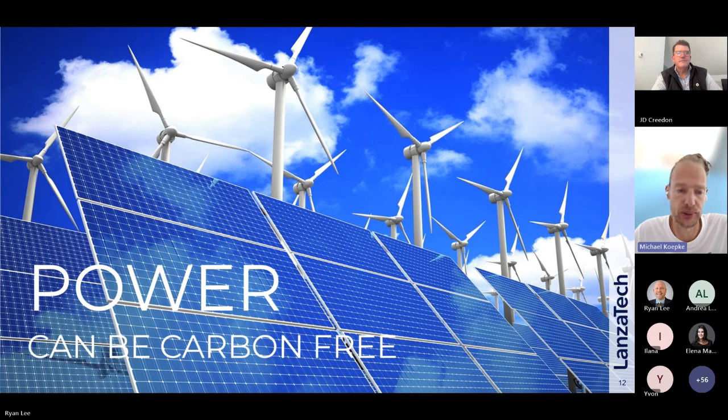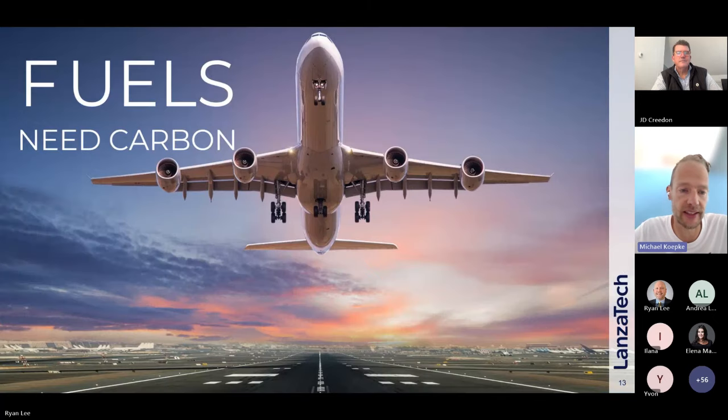We have a lot of mature renewable technologies now. Fuels, however, especially aviation, will need carbon for the foreseeable future.